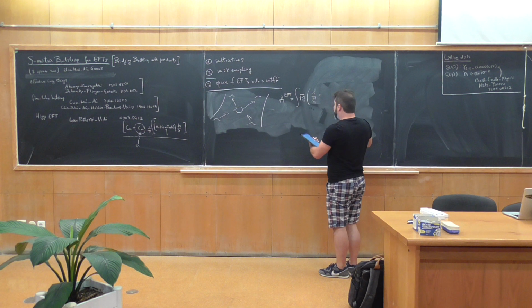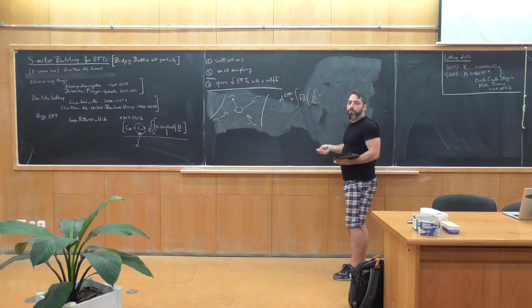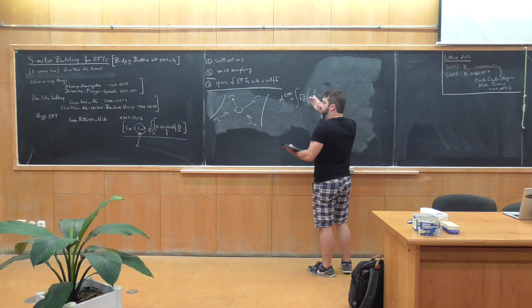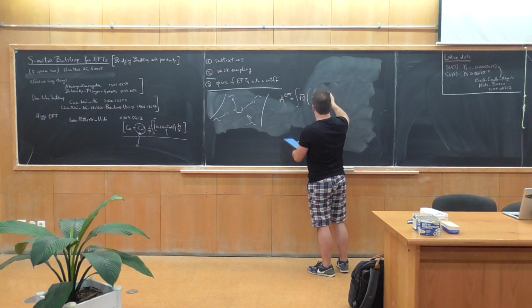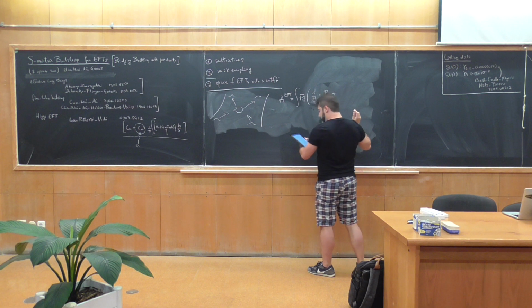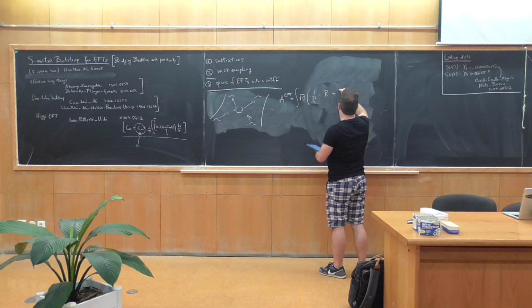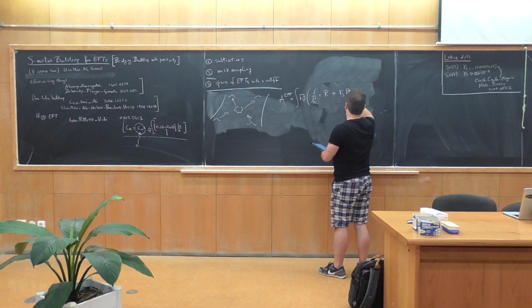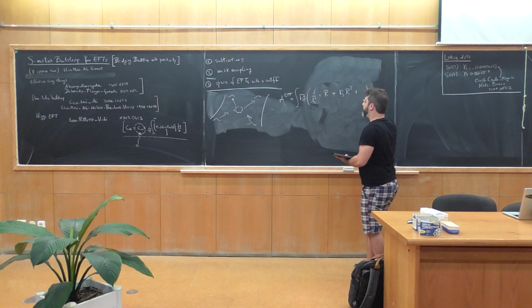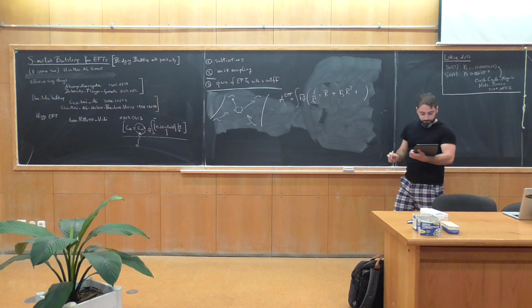Right? But then there will be corrections because it's an effective field theory, we are in non-critical dimension. Right? We are in generic D. So there will be some operator R, which is the Ricci scalar, and then some correction with some Wilson coefficient, R squared plus dots, infinite corrections.